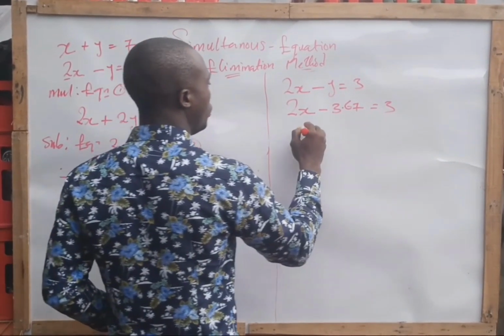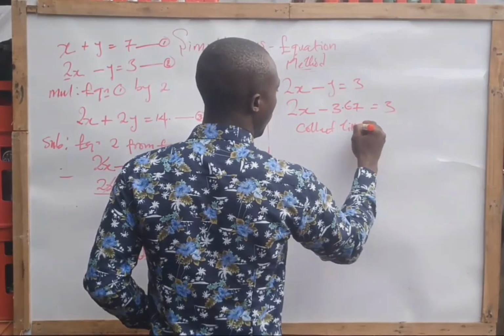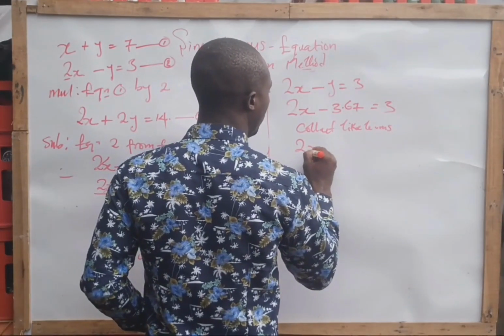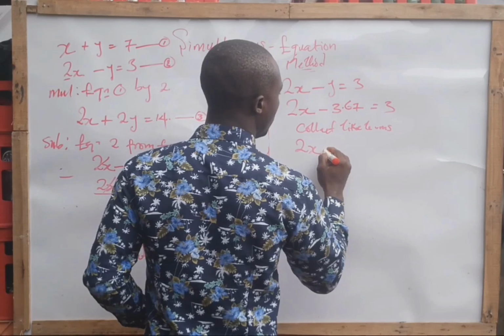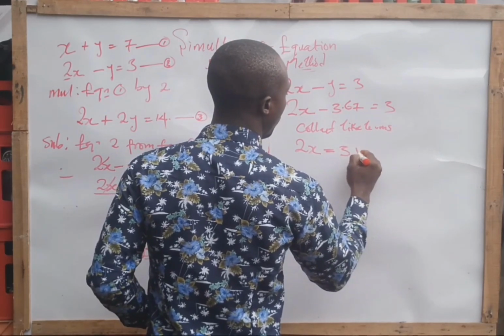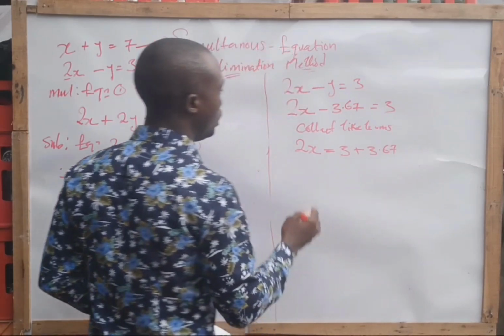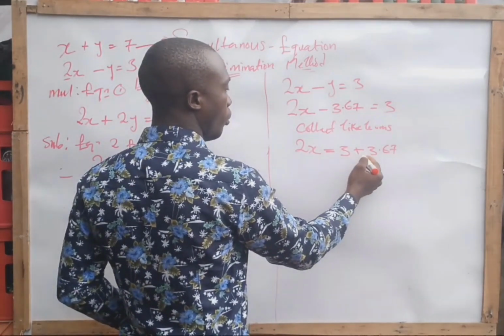In this place here, we collect like terms. So we have 2x equals 3 plus 3.67. When this one crosses the sign of equality, it becomes plus.